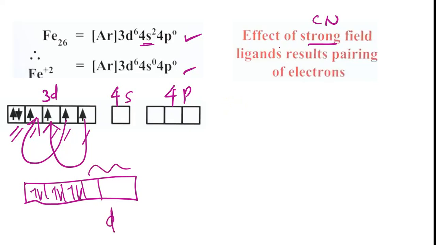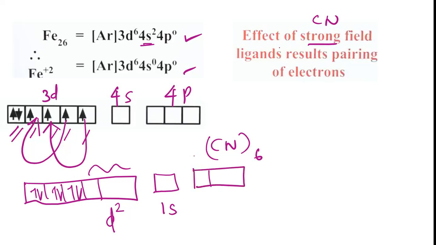That is 2 orbitals in d are free, d2, right? And how many ligands are there in CN? 6 ligands, hexacyanoferrate. So 2 d orbitals plus 1 s orbital, and then 3 p orbitals, so we can call it d2sp3.